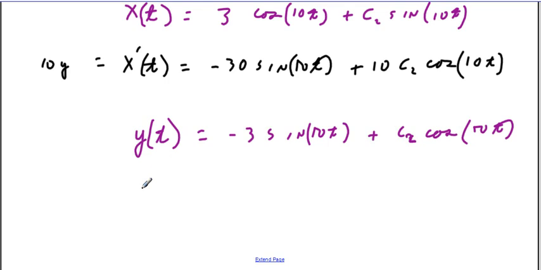All right, apply initial condition. y at 0 is 4. Well, that implies that C2 is equal to 4.